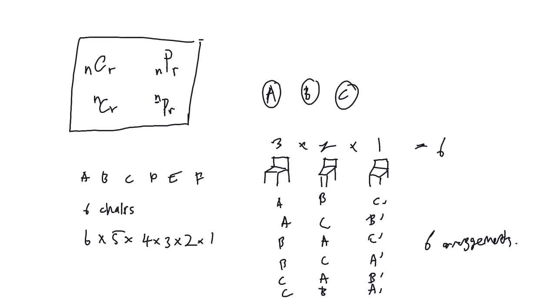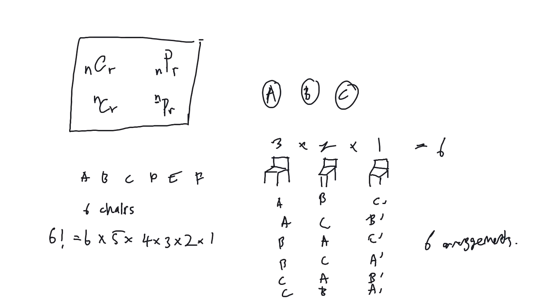In mathematics, we call it factorial. So 6 factorial. You can do the same for 7 persons, 8, 9, 10, and so on. So the rule is still the same.